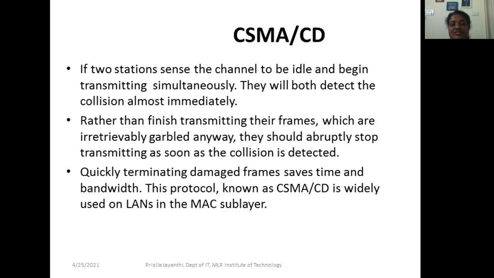Now, collision detection is a method wherein two stations sense the channel to be idle and begin to transmit simultaneously. An example is a narrow one-way path where two cars, or any four-wheelers, are trying to come.